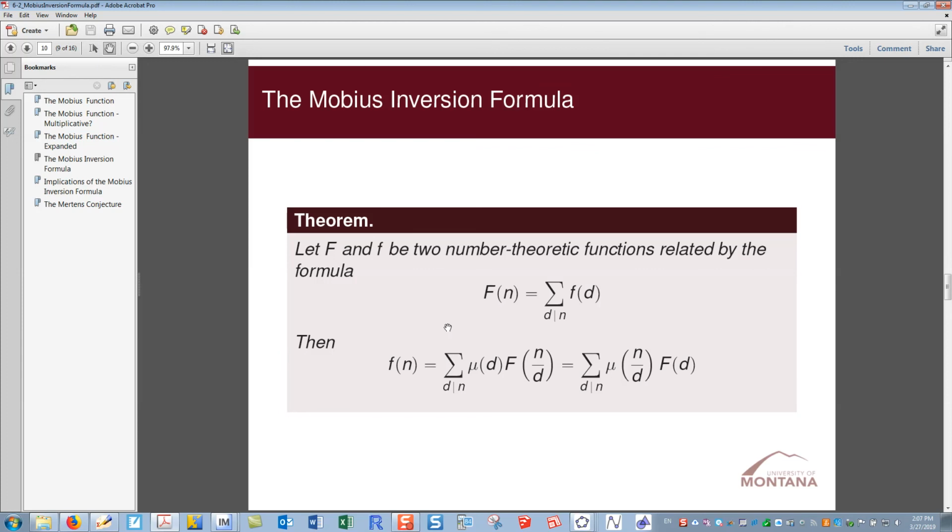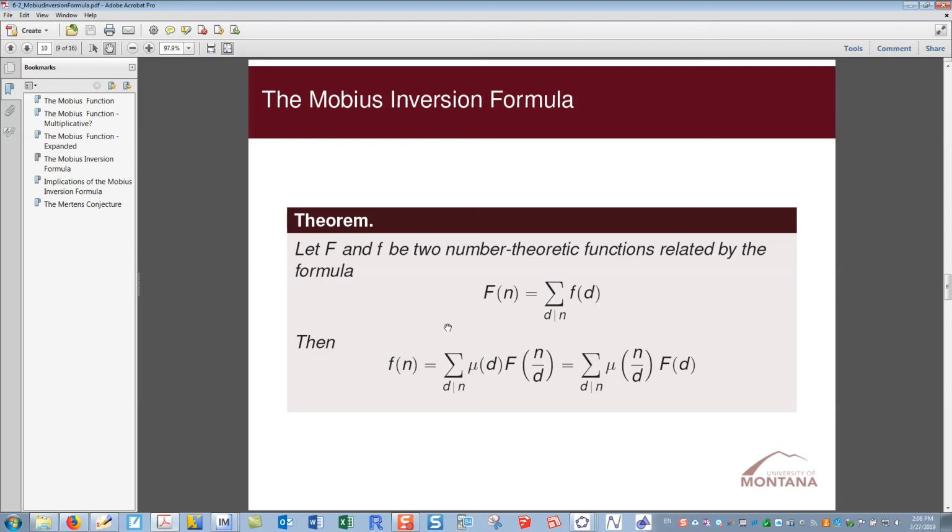Then we could say that little f of n is equal to the sum across all the divisors of n of mu of d times big F of n divided by d, or the sum across all the divisors of n of mu of n divided by d times big F of d.